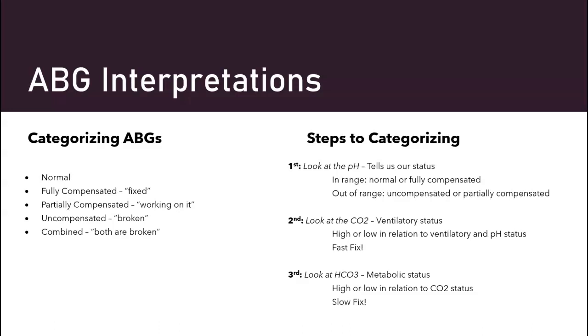So then their CO2 is like 12. So trying to normalize, but their pH is still very acidotic due to their metabolic status. So there's not much you can do as a respiratory therapist besides you might be called to run the blood gas and just be on standby in case the patient does need something. But that would be considered a combined metabolic acidosis, or else an uncompensated metabolic acidosis. So there are some situations such as that.